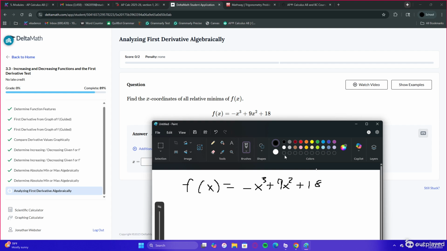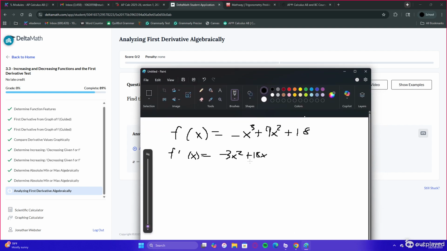And this question specifically asks for relative minima, and we can discuss what that means in a second, but first let's do f prime of x, where f prime of x equals negative 3x squared plus 18x. And if you take out a negative 3x, you'd get x minus 6. So x equals 0 and x equals 6.